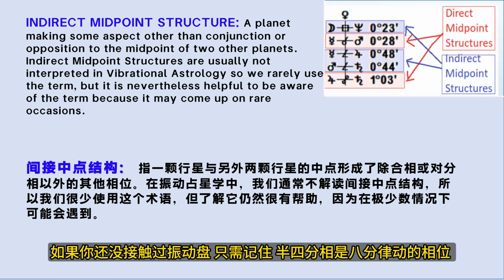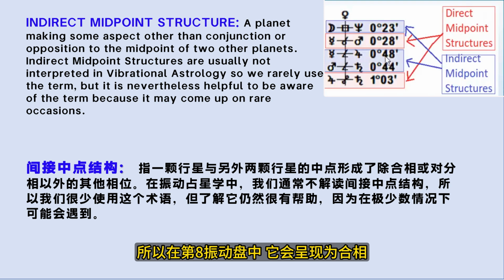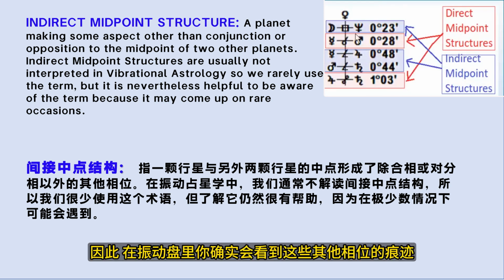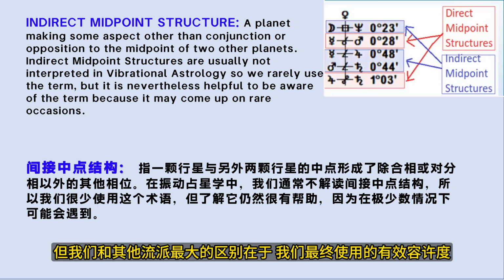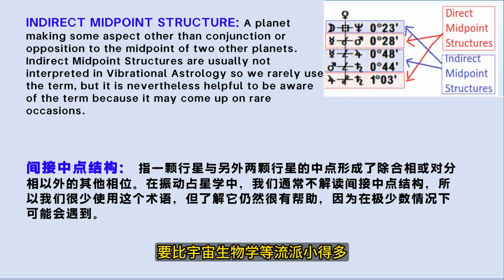If you're not familiar with vibrational charts yet, then just know this, that a semi-square is a 1/8 aspect. We call it 8 vibration, and it turns into a conjunction in the 8 vibration chart. And so you will see these other aspects in vibrational charts, but the big difference is that we end up using smaller orbs than are used in, for example, cosmobiology for these other aspects. Okay, let me summarize.